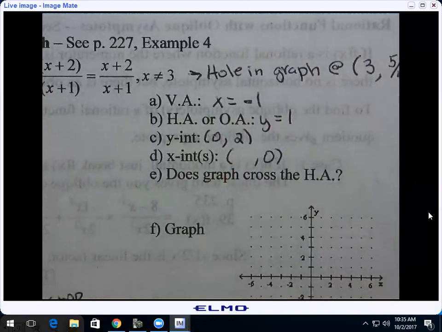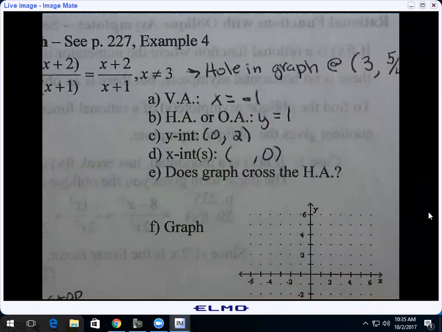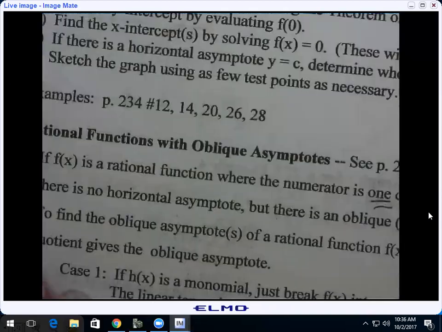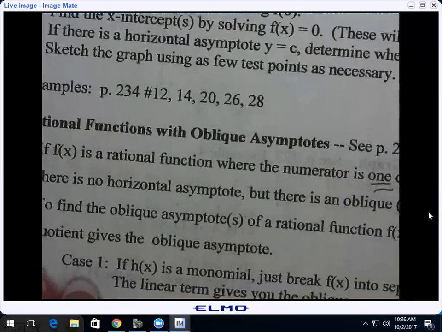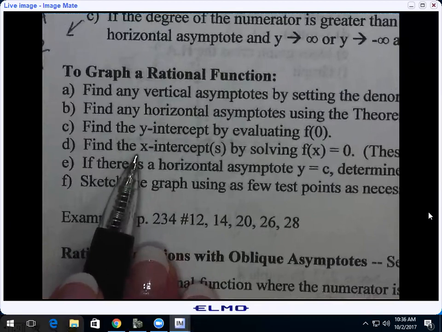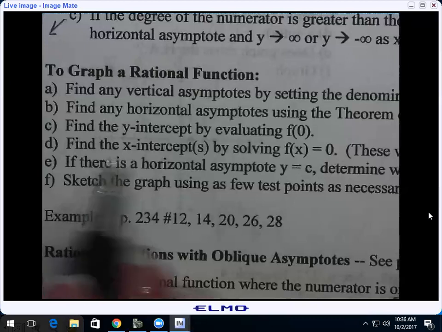Flip your notes over and look at the other side. How do you find the x-intercept? Right. Look right here, Miss Laura. You're absolutely right. Find the x-intercept.